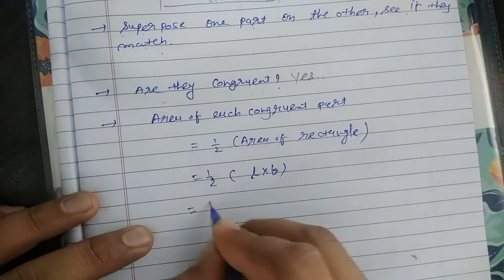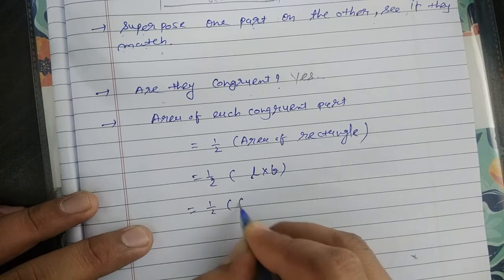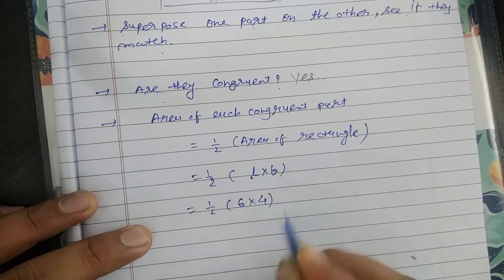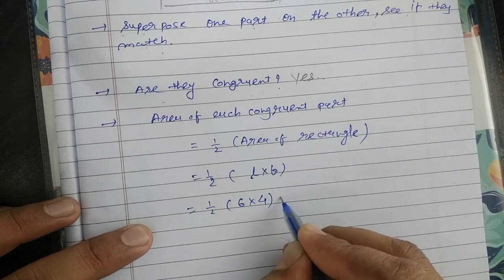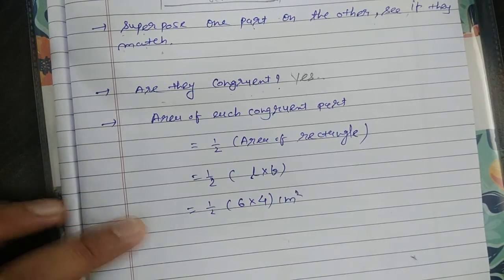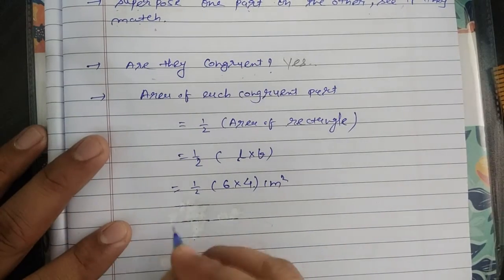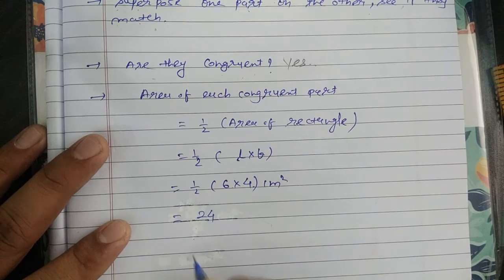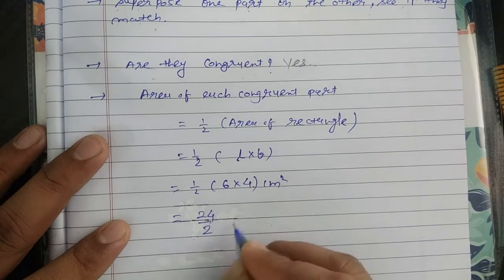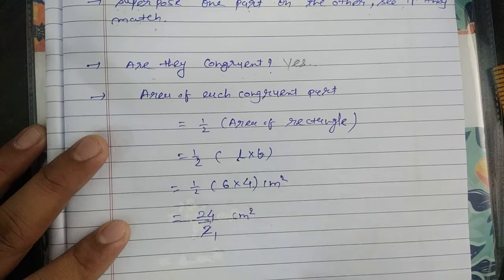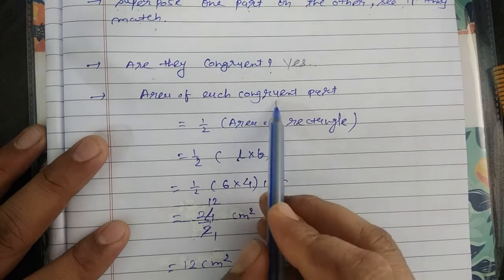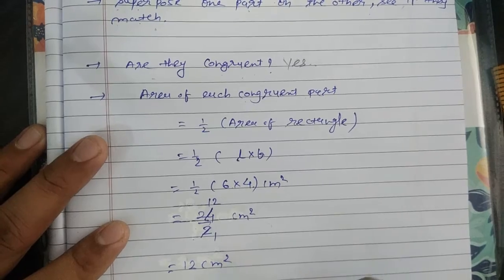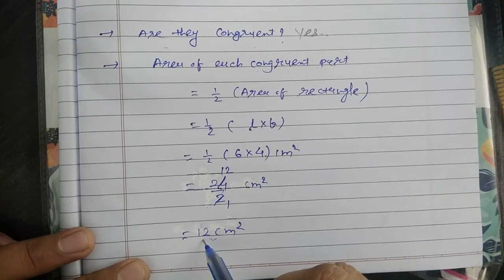So we will write it here, 1/2, length is 6, breadth is 4 centimeter, and the unit of area is centimeter squared. 6 4s are 24, divided by 2 centimeter squared, 12 2s are 24. So the answer is 12 centimeter squared. So the area of each congruent part of the rectangle is 12 centimeter squared.